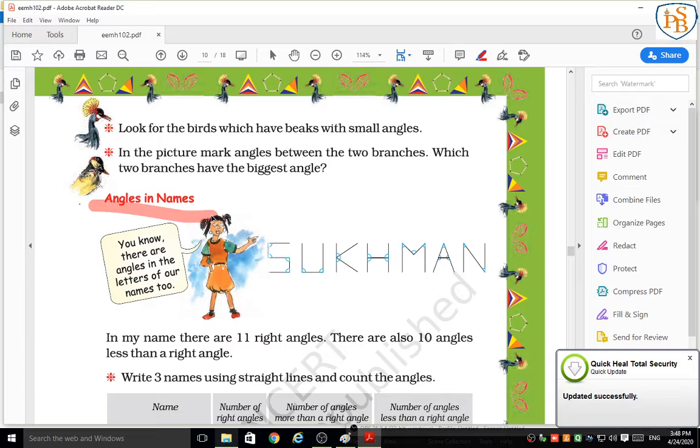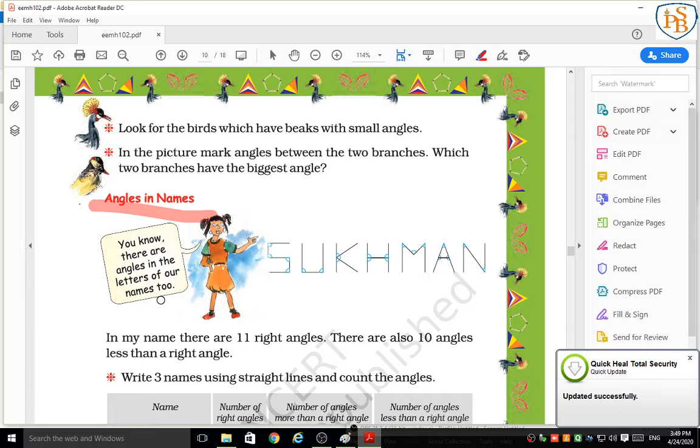Okay student, in the next topic, we have to find out the angles in name. So let's start. What name it is? You know, there are angles in the letters of our names too. Like we have to find out the angles in name also.